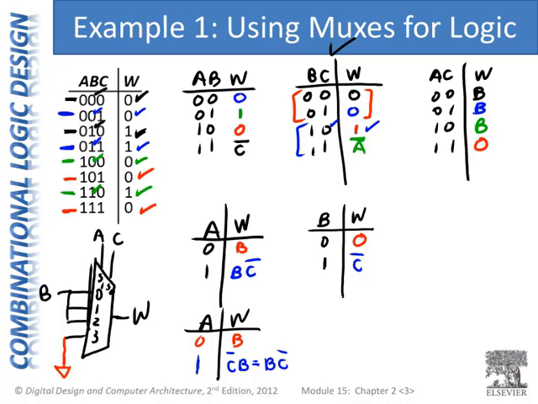So if C is 0, we're going to get a 1, or if C is 1 and A is low. If it helps you, you can also write this as C bar and 1, which ends up just being C bar, or C and A bar.